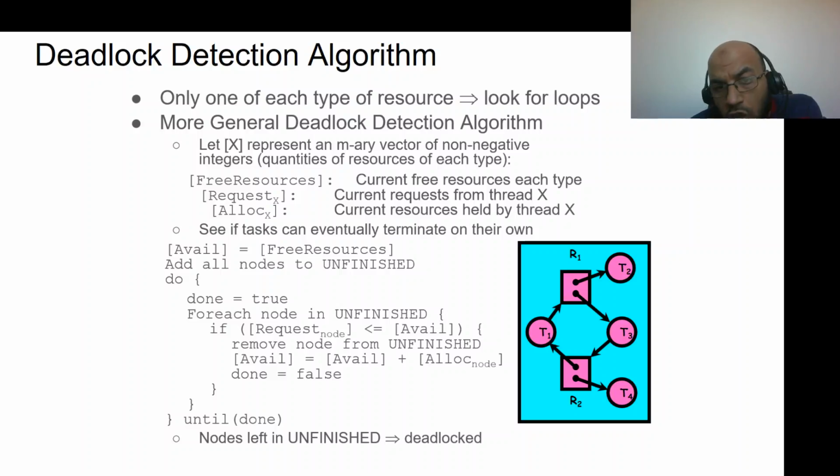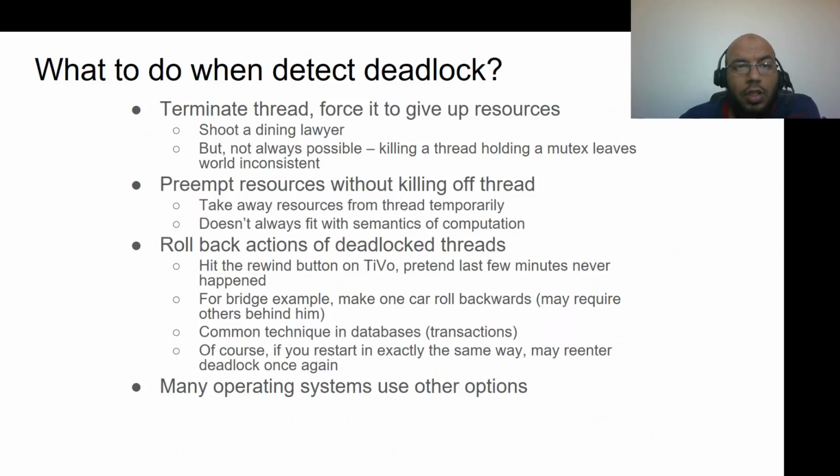You loop through them until you have only the remaining nodes in unfinished. Because you remove any node that will finish from unfinished, and these remaining ones are the ones that are potentially deadlocked.